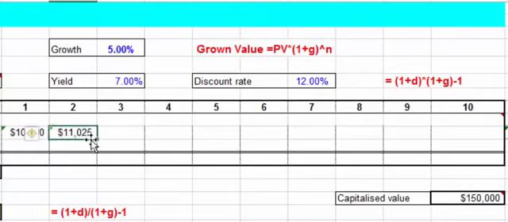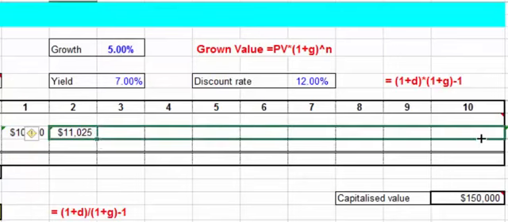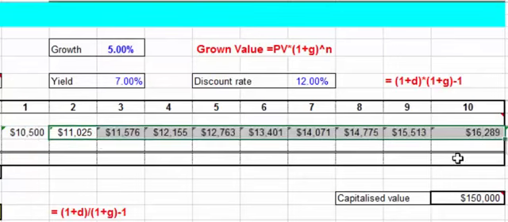Now, in that form, the equation's working, but in order to fill it across, I'm going to have to make sure that it catches the growth rate constantly rather than moving out. So I'm going to have to make F41 absolute. So I'll hit the F4 key, working Windows, and now I should be able to grow that across my 10 years.